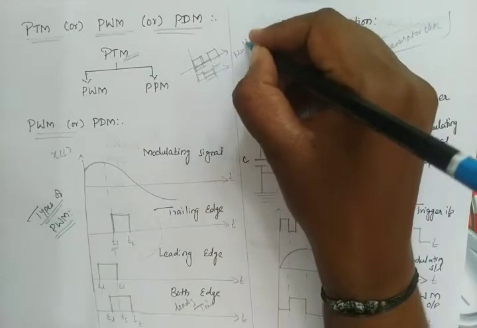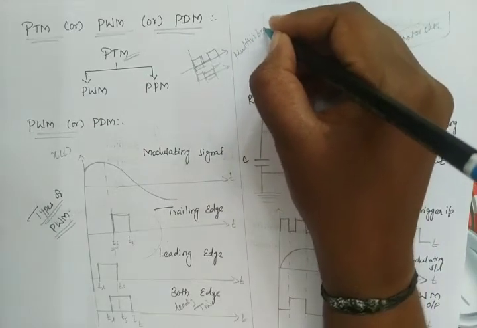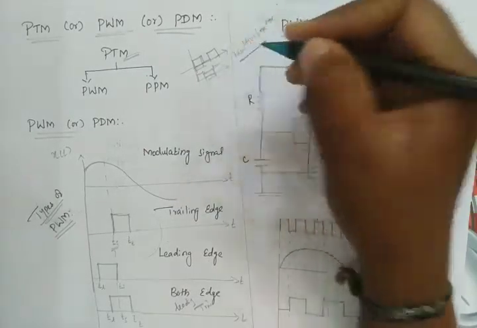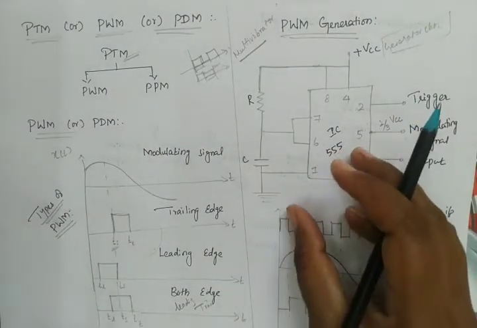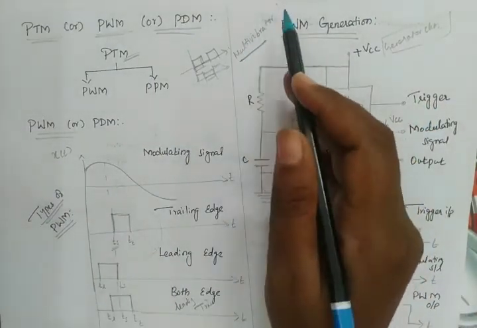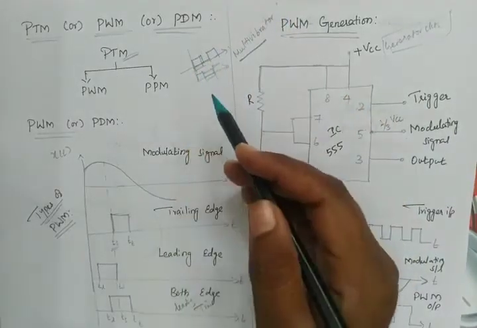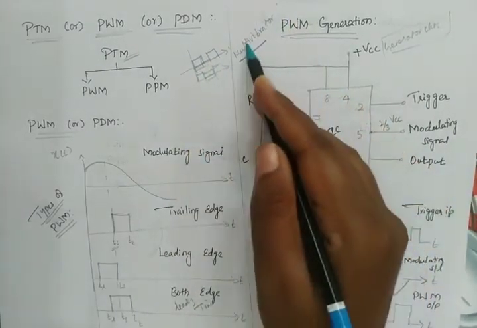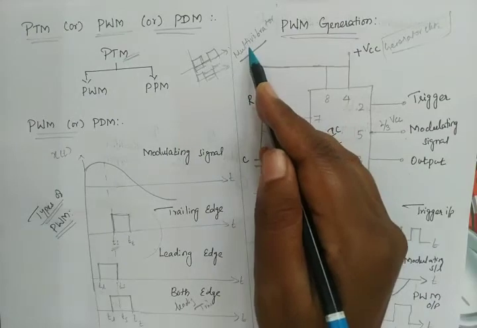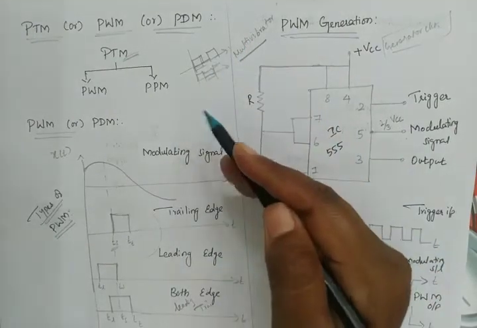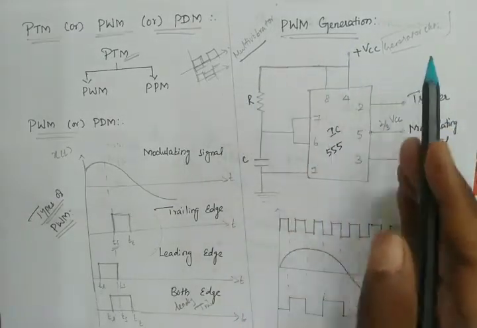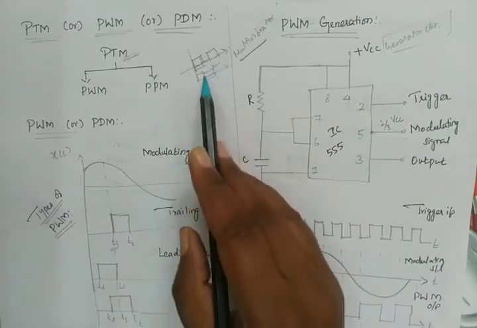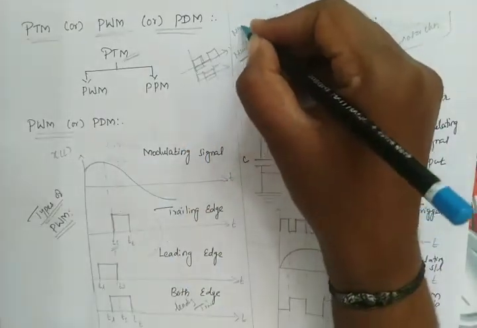Now, what is a multivibrator? Actually, a multivibrator is an oscillator circuit. A multivibrator is an oscillator which produces a non-sinusoidal signal, for example a square wave. Now, what is a monostable multivibrator?